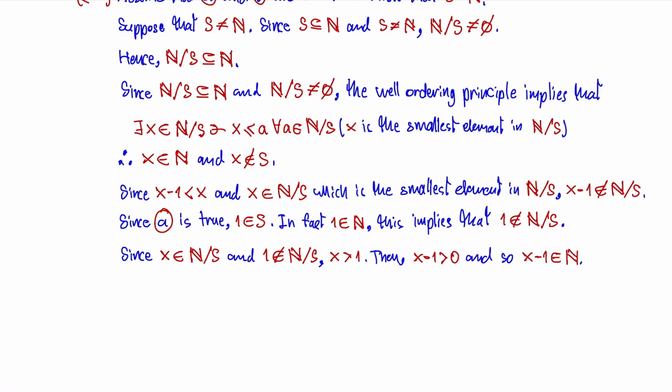And then X minus 1 is not in this set. So what does it mean by this? When X minus 1 is not in the set of natural numbers excluding S, what happened next?